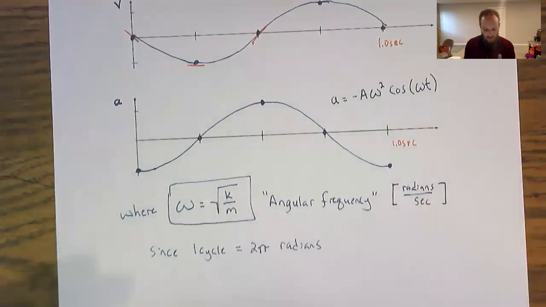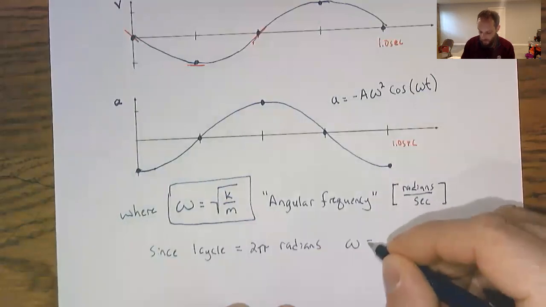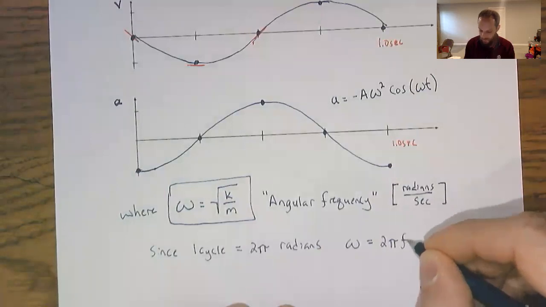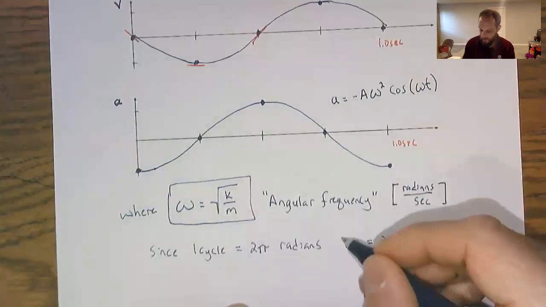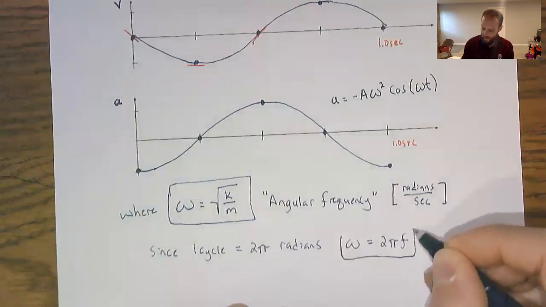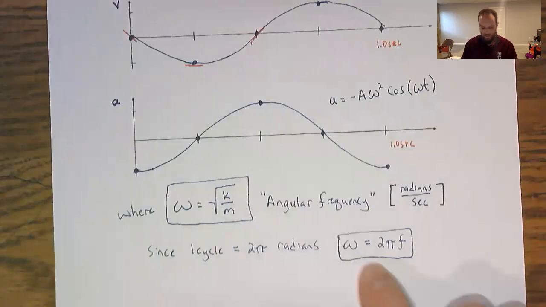So one cycle being 2 pi radians, omega is going to be equal to 2 pi times the frequency. This is the relationship between the two. So omega is equal to 2 pi times the frequency. Here's my angular frequency, and here's my regular frequency.